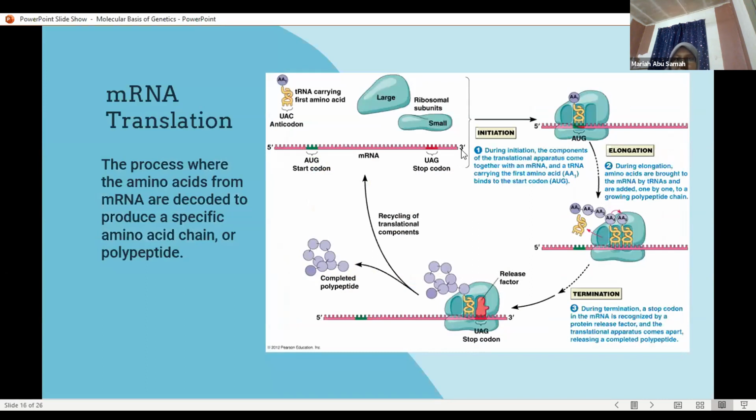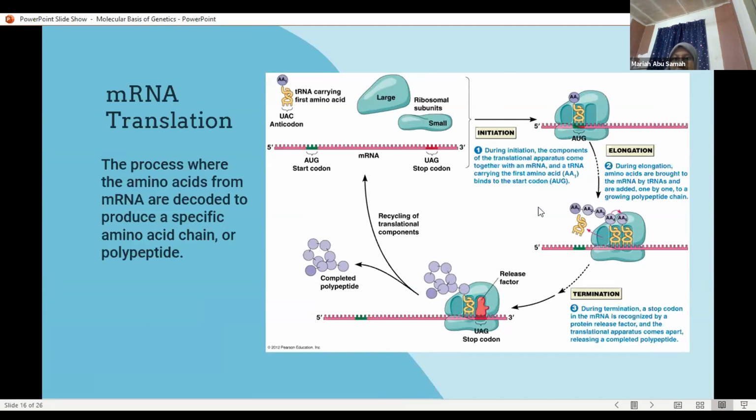Going back to translation, there are three steps of translation, which are initiation, elongation, and termination. During initiation, the components of the translational apparatus come together with an mRNA and a tRNA that carries the first amino acid binds to the start codon.